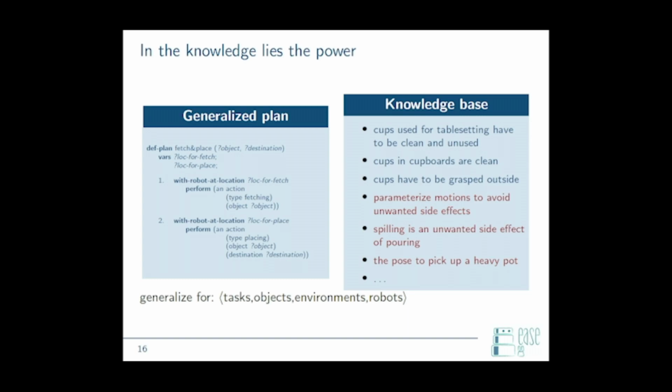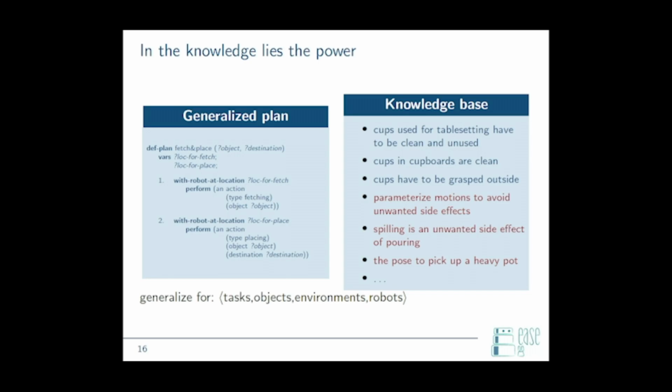So the game is that we have one single generalized control program. We want to have a huge knowledge base, and that knowledge base should allow us to generalize that action plan to a huge variety of tasks, objects, environments and robots, right? And not only to these single instances, but the combination of all of them.